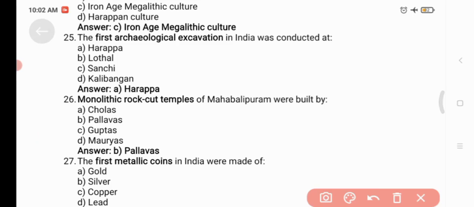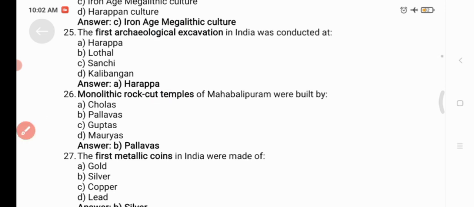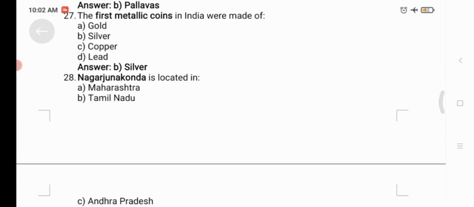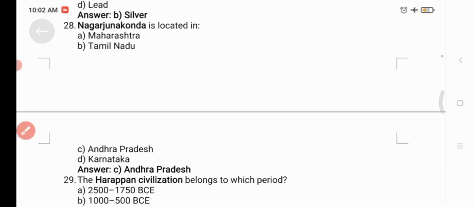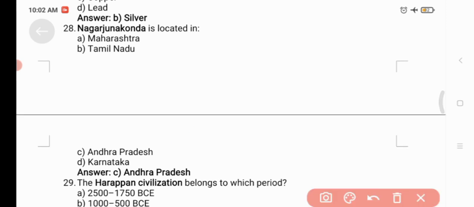The first archaeological excavation in India was conducted at option A, Harappa. Monolithic rock-cut temples of Mahabalipuram were built by option B, Pallavas. The first metallic coins in India were made of option B, silver. Nagarjunakonda is located in option C, Andhra Pradesh.